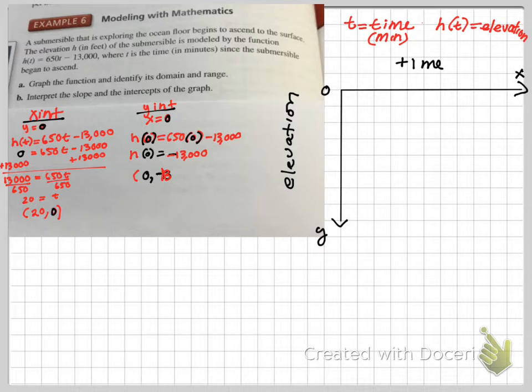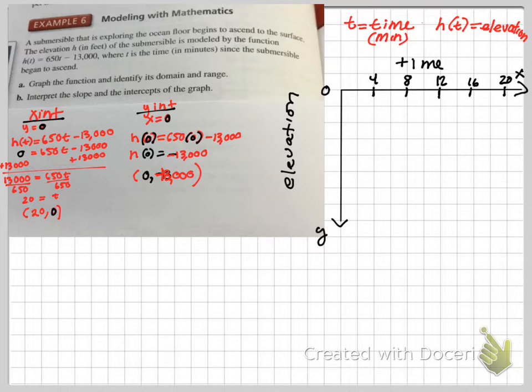In order to graph that, all I need to really do is graph these two points and we are done. I now know that my x-axis has to go at least up to 20, so I'm going to make each line worth 2: 2, 4, 6, 8, 10, 12, 14, 16, 18, 20.